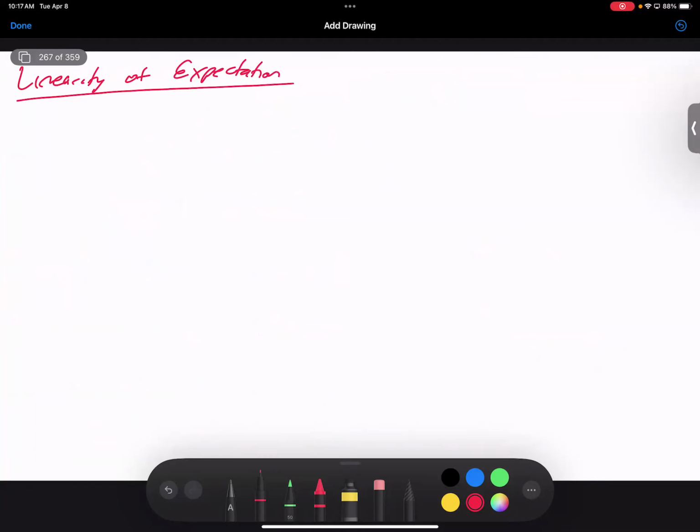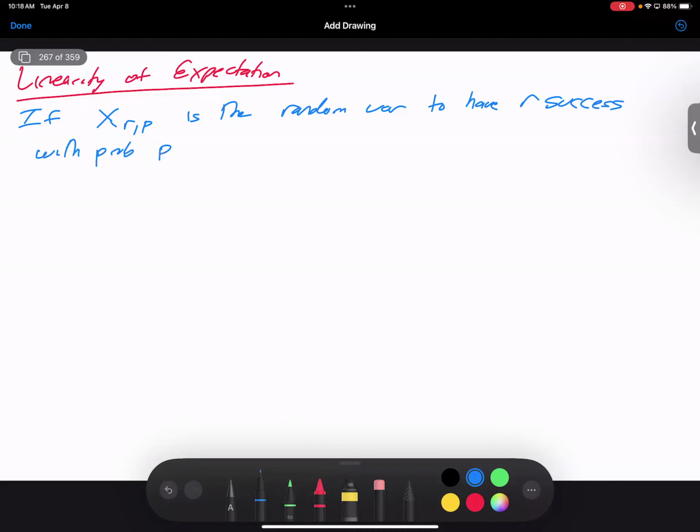So let's say X_RP is the random variable to have R successes with probability P of success, and it's counting attempts.